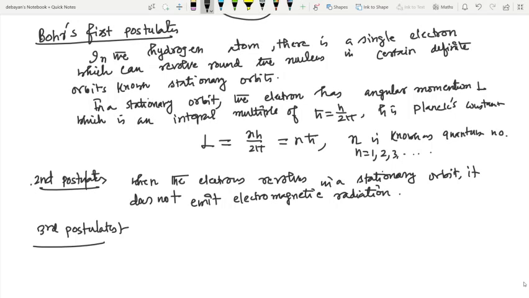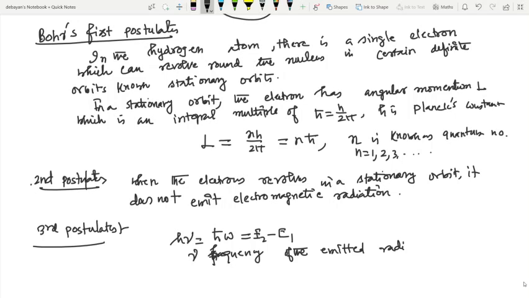So if the transition is from the higher energy orbit E2 to an orbit of lower energy E1, then the energy h nu, or h cross omega, is equal to E2 minus E1, where nu is the frequency of the emitted radiation, and omega is 2 pi nu, the angular frequency. That is the Bohr frequency condition.